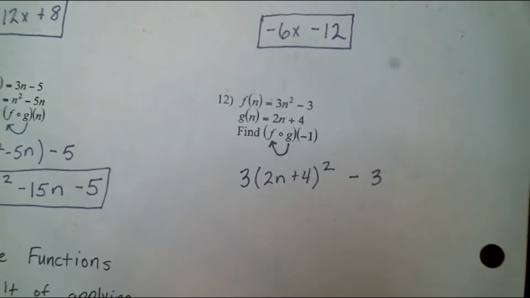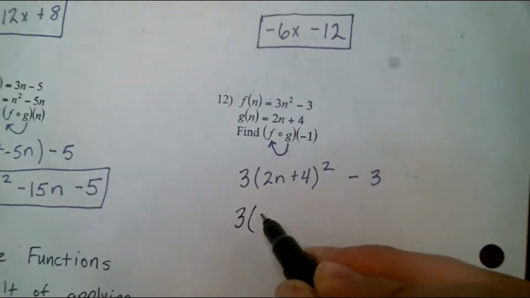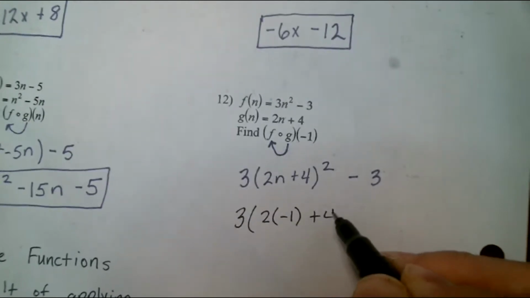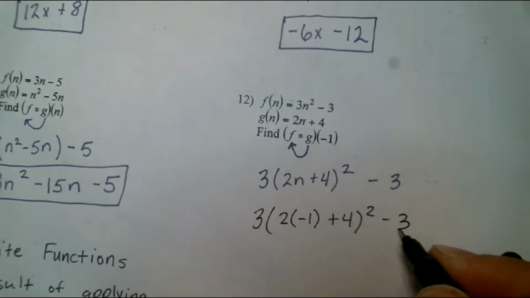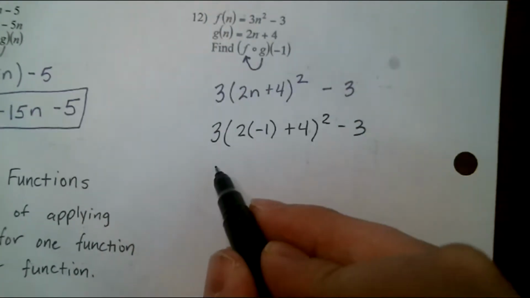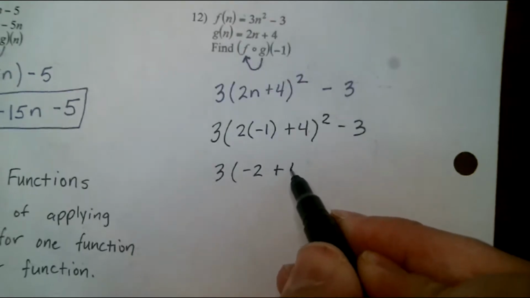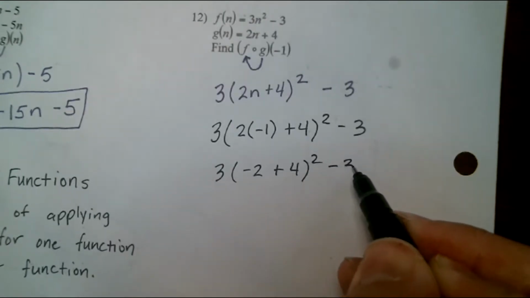So should I go ahead and FOIL this out and simplify it and then plug it in, or should I just plug it in right now? Yeah, plug it in. So 3 times 2 times -1 plus 4 squared minus 3. That's 3 times -2 plus 4 squared minus 3.